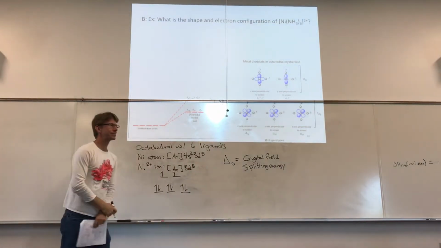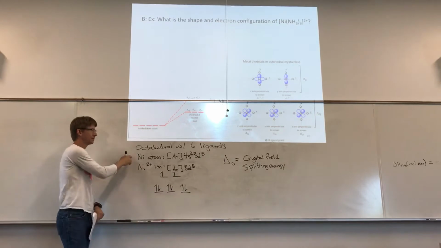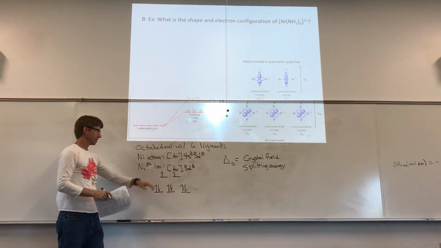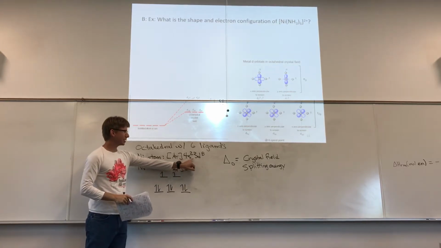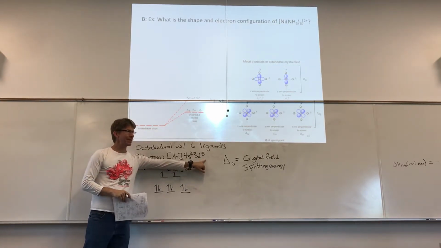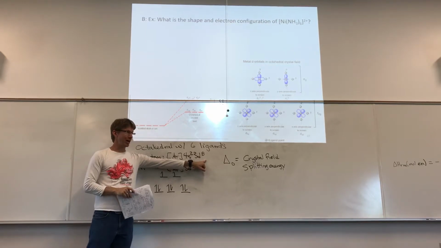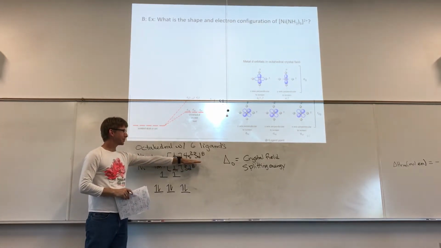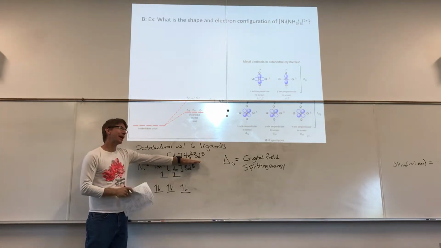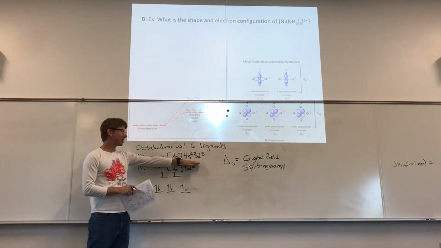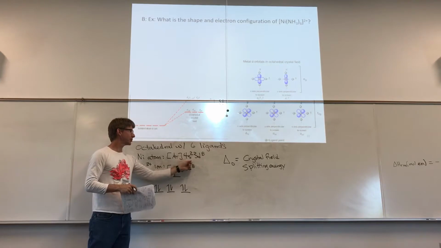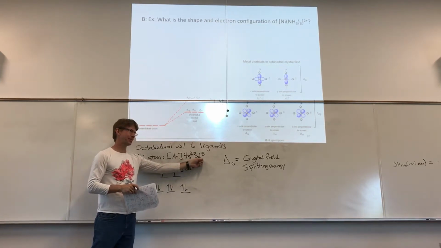Yes? For the nickel atom, have you ever taken the 2 electrons from the S and bumped them over to the D? So the question is, could I have bumped these 2 electrons over and made 3d10? The short answer is no. The slightly longer answer is that this is the right answer. The only time we ever saw exceptions to the rule for the shape of the periodic table was for at most 1 electron.